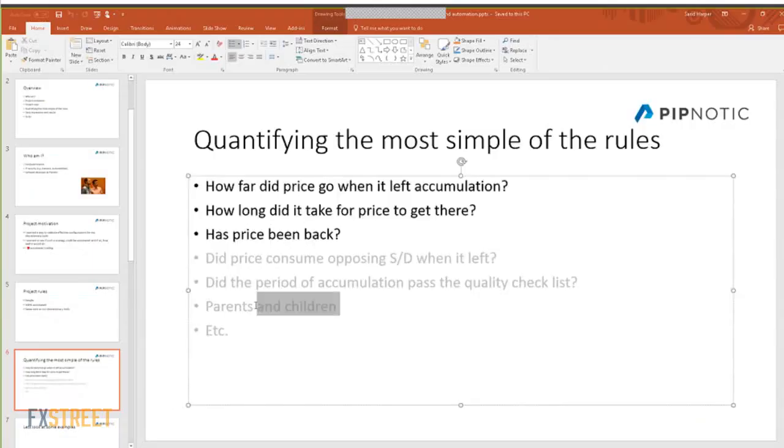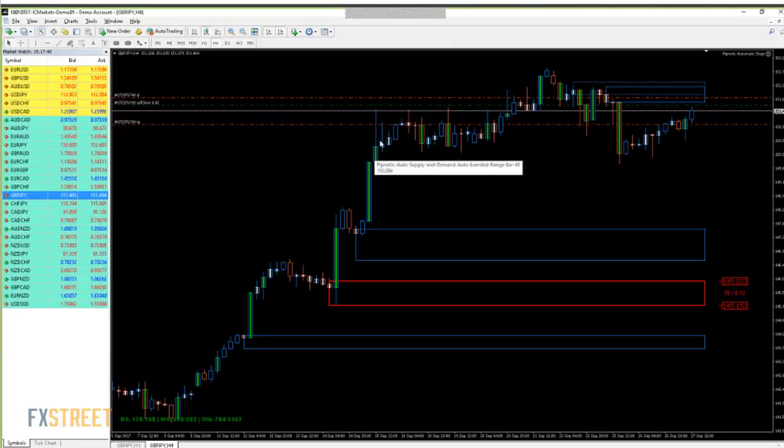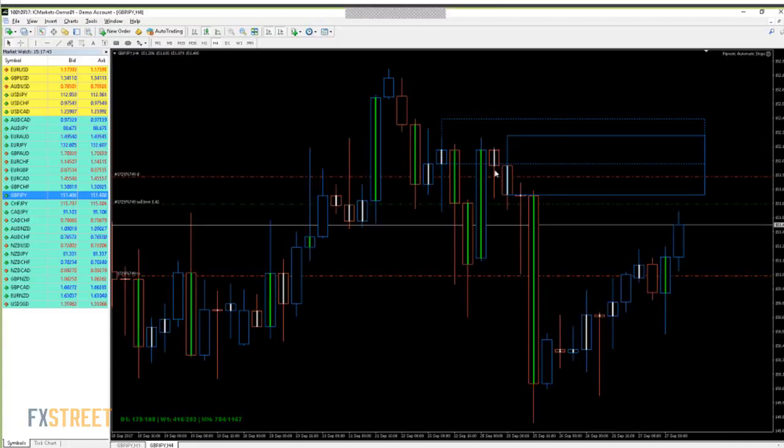And then there's a lot about this whole parent and child discussion, but this is something that I wanted to leave out for this project, because it can tend to get a little bit complicated. Just to reiterate that briefly, what that means is that when price establishes an area of supply, price leaves and it tests it, then it leaves.